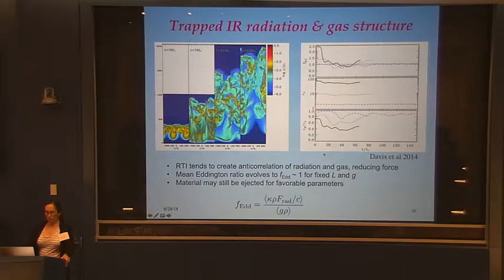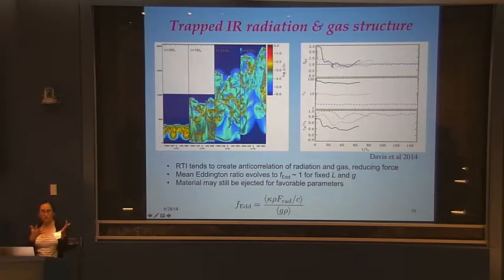However, one issue is that the radiation can actually go around the material, not just push on material. And in fact, there does tend to be some anti-correlation between matter and radiation when you actually do detailed radiation hydro simulations. This is showing the Eddington ratio actually tends to about 1.